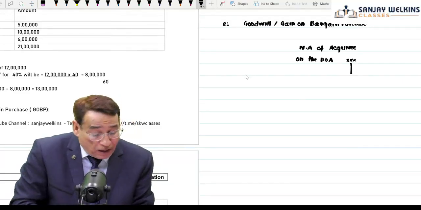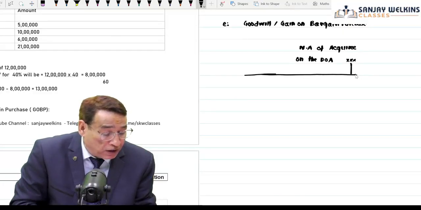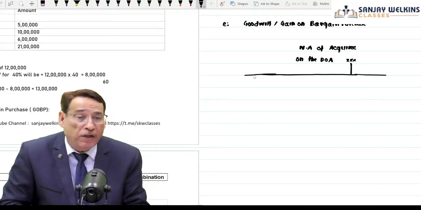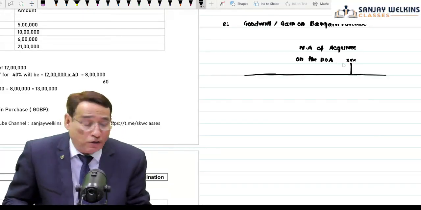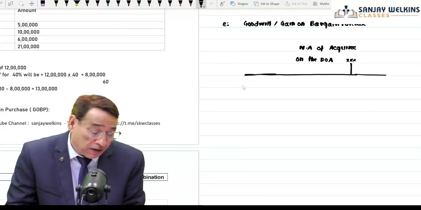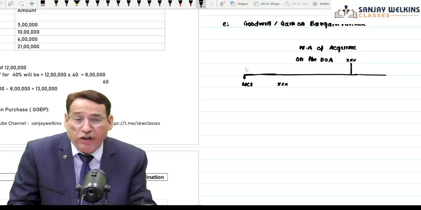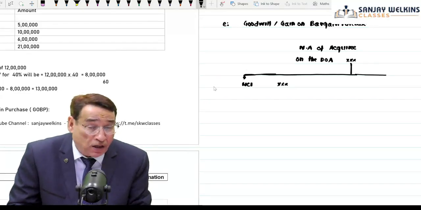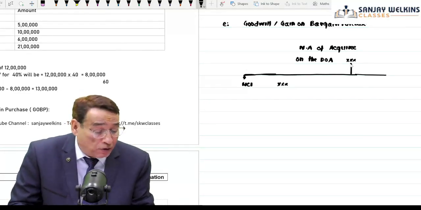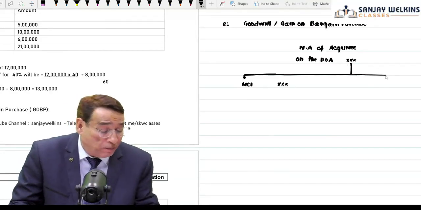That means I will have to find out, of total net assets on the date of acquisition of the acquiring company, what proportion or what worth of net assets belongs to NCI. Correct? So I will take into account the NCI share of net assets, which we can determine either through PSNA approach or through fair value approach as we determined in the earlier step.